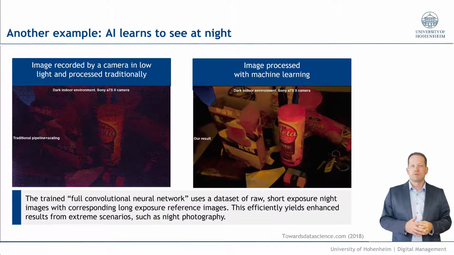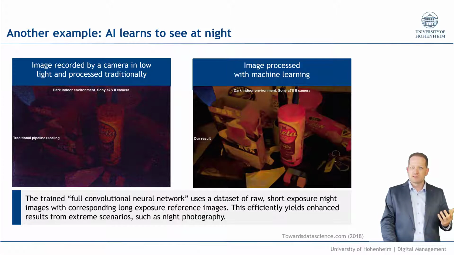Here's an example from them where you then can way better see the different items on the photo. And this is something, again, which would be probably impossible to really do in a high quality with traditional computer programming, but with machine learning you can achieve these stunning results.